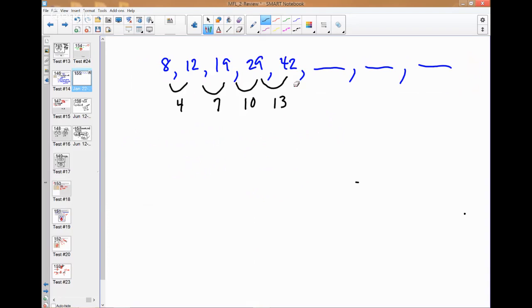Therefore, the next one would be 16. And what's 42 plus 16? 58. The next distance would be 16 plus 3, or 19. 58 plus 19 would be 77. And then the next gap would be 19 plus 3, or 22, and 77 plus 22 would be 99.